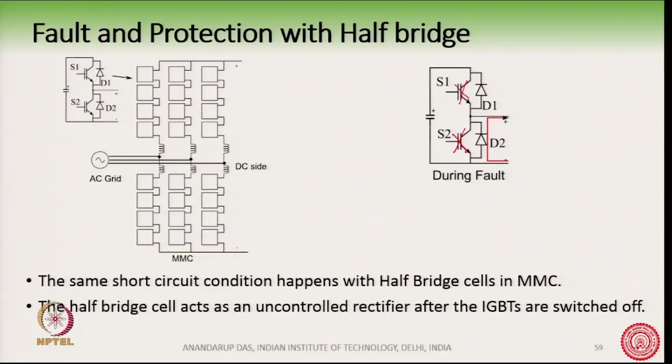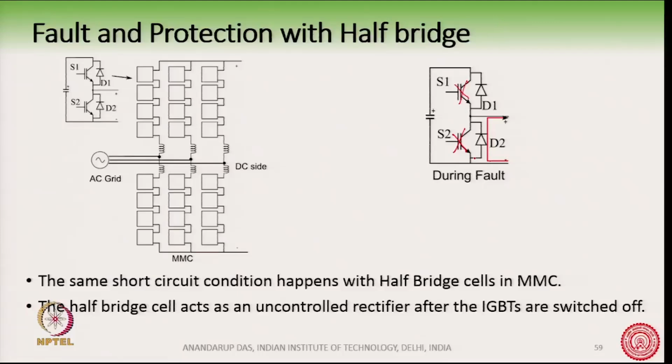But if you see the circuit of the half bridge here, the diodes which are present are uncontrolled devices and they will continue to conduct in spite of the transistors having been switched off.